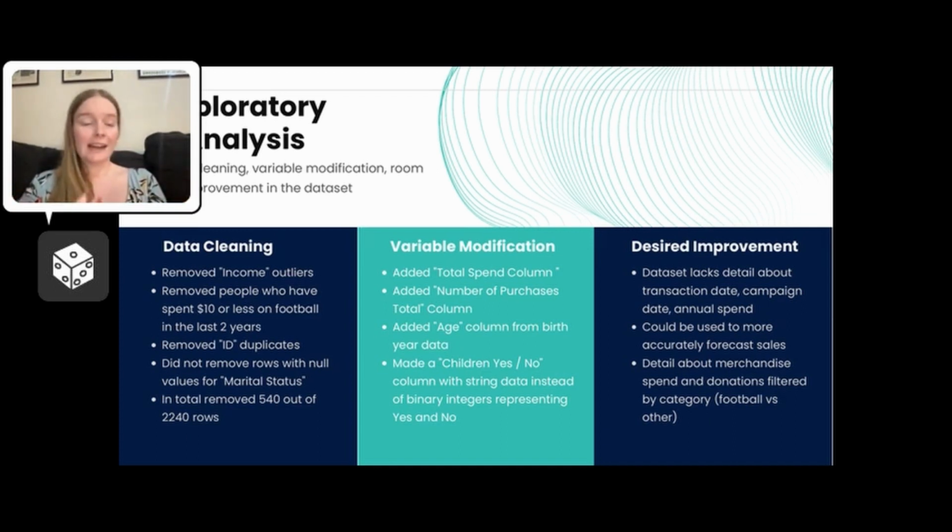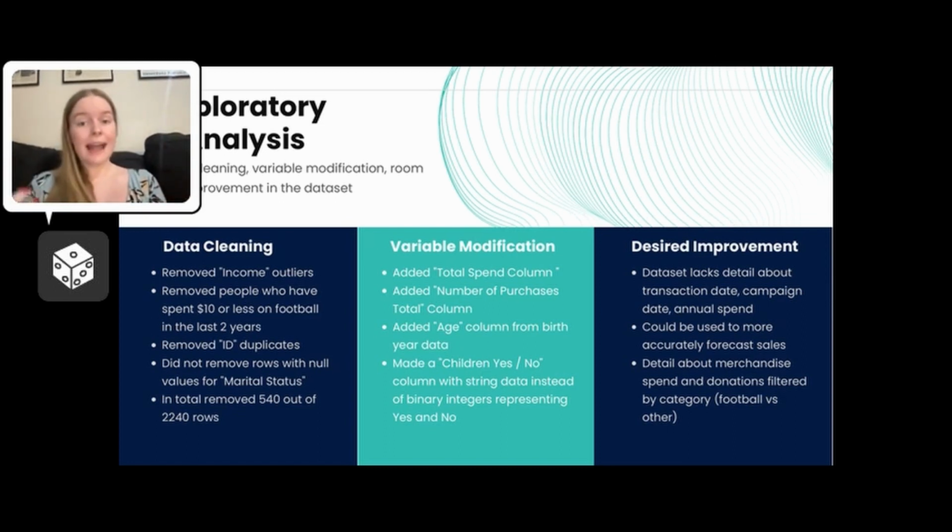I also removed the ID duplicates, and I did not remove the rows that had empty marital status entries because I didn't want to delete good data, and if we just didn't know if they were single or married, I still wanted to use that information. In total, I removed 540 out of the 2,200 rows. So I removed a lot, but it was all for necessary reasons.